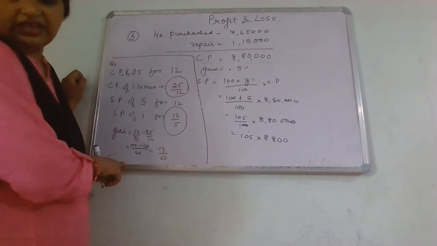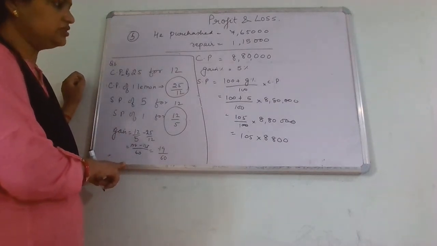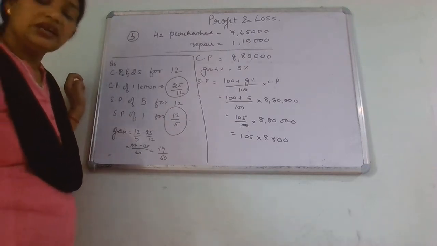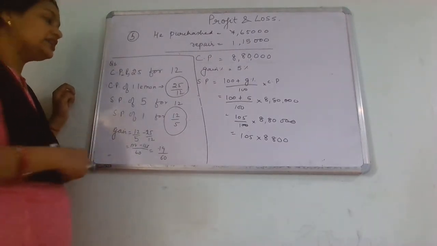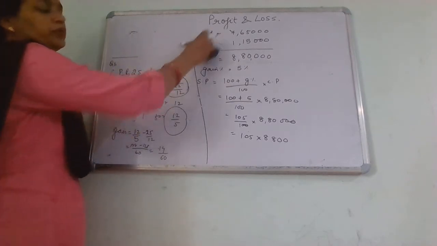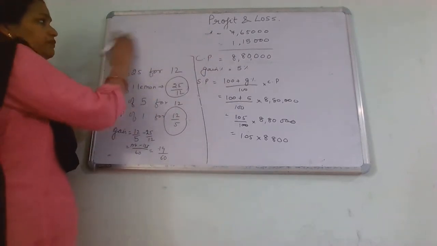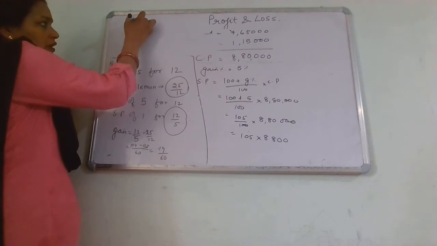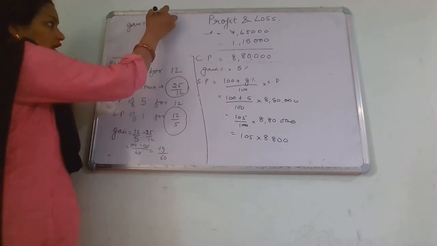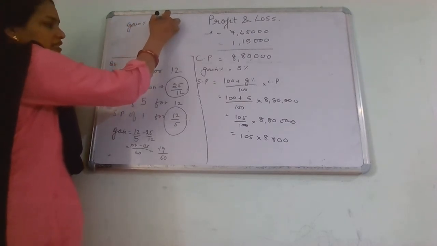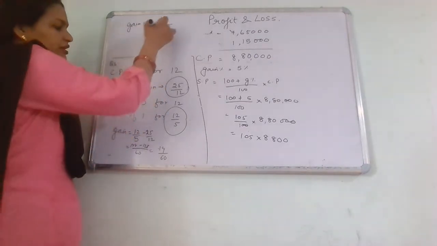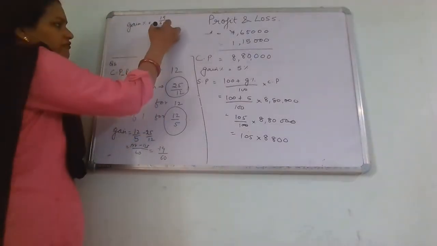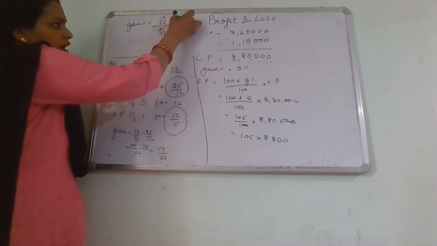Then they are asking for gain percent. Gain percent is gain by CP into 100. So gain percent is equal to gain, 19 by 60, upon CP, which is 25 by 12, into 100.